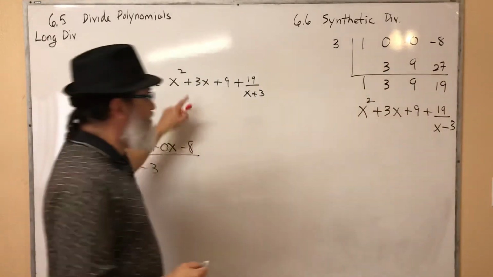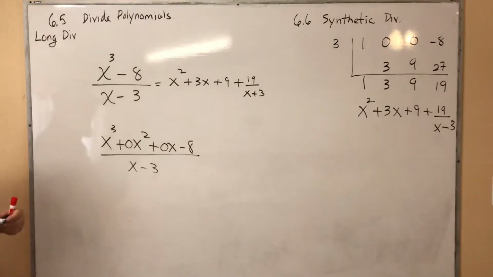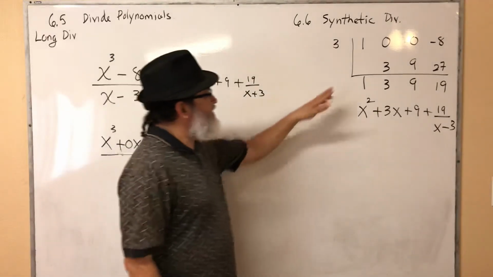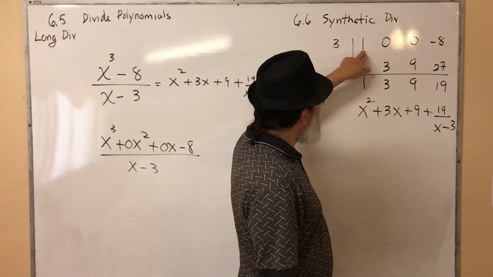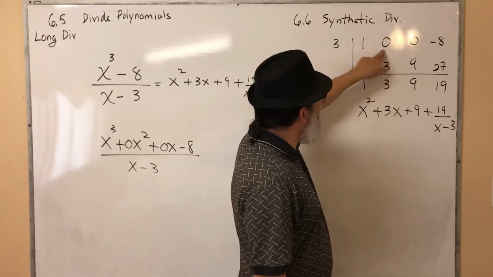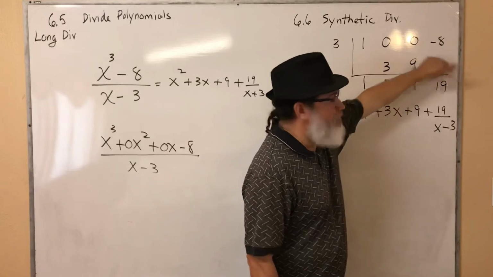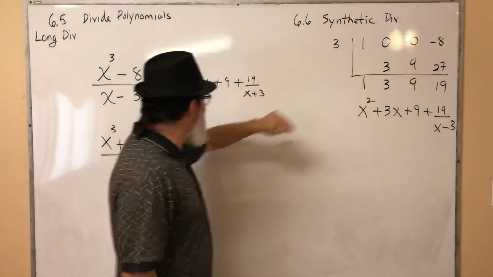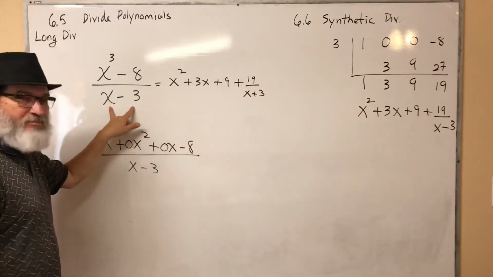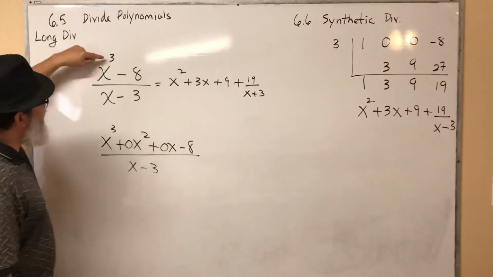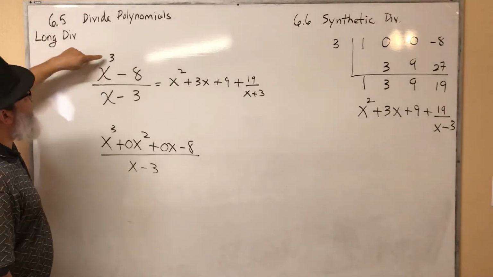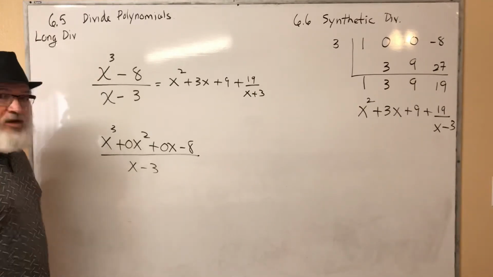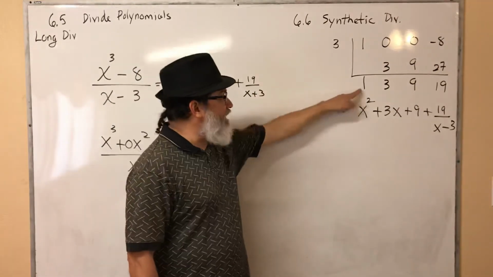Same thing as this. Don't forget, this is cubic, that's x cubed plus 0x squared plus 0x minus 8, and this stands for x minus 3. If you take x cubed divided by x, you get x squared. And that's why they start at x squared.